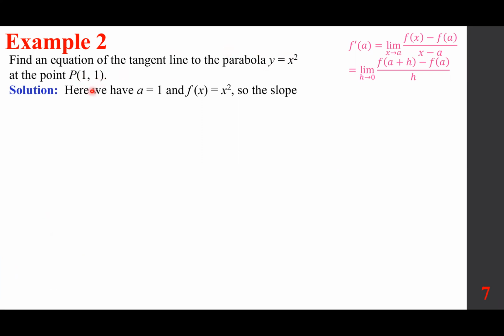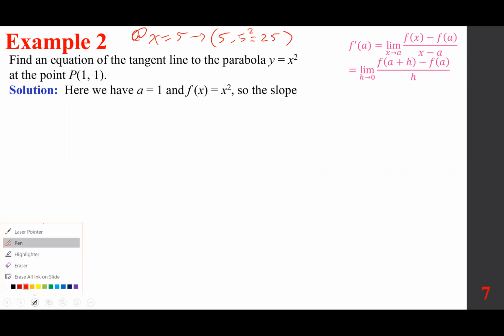When you plug in, you get 1. For the sake of argument, if they said at x equals 5, then that means the pair is 5 comma 5 squared. So you should be able to come up with the pair. I can't emphasize this enough.